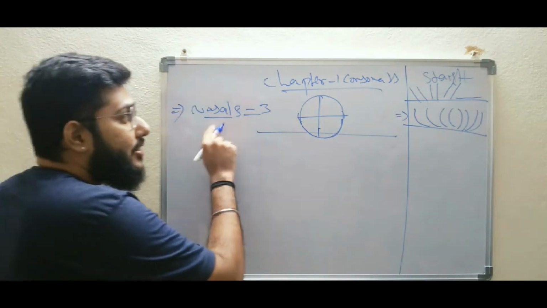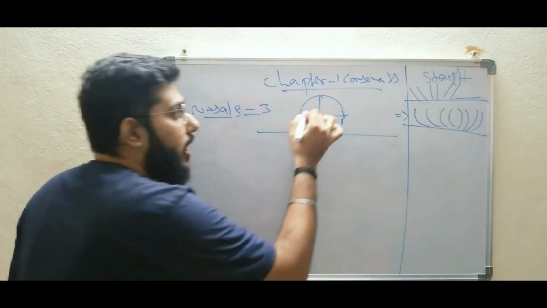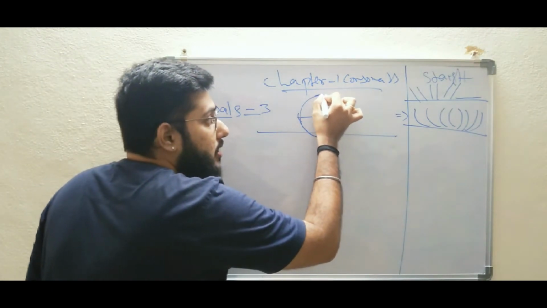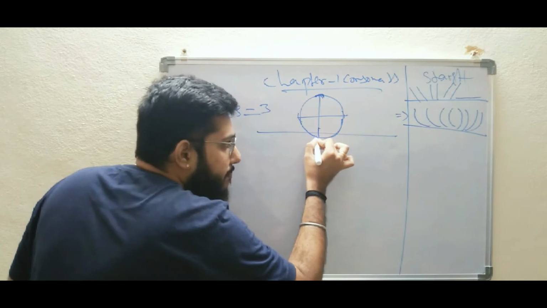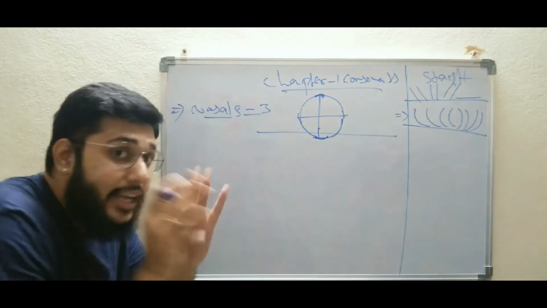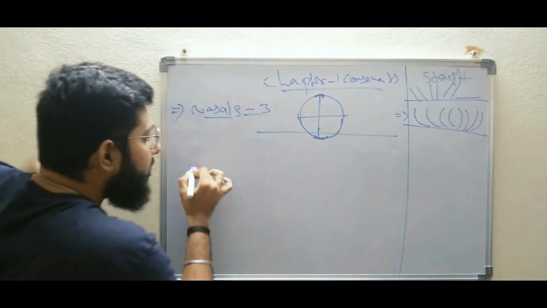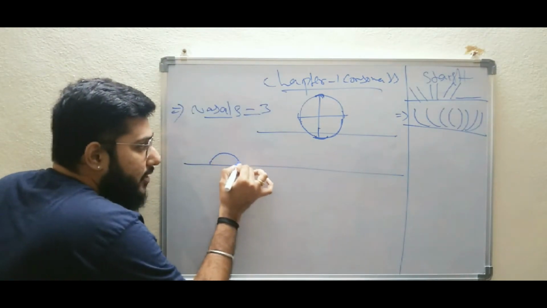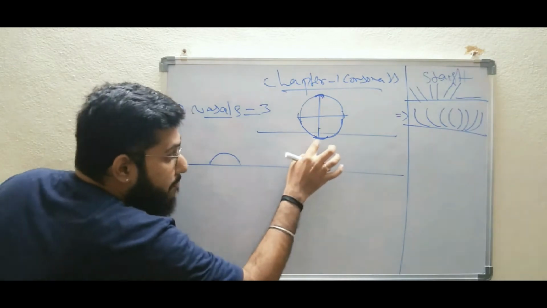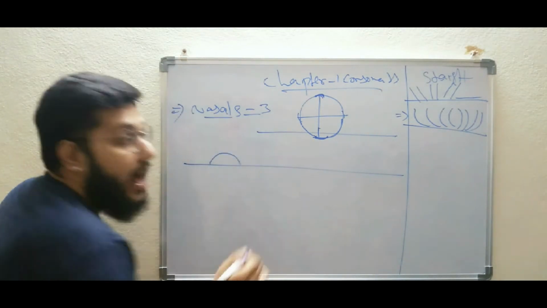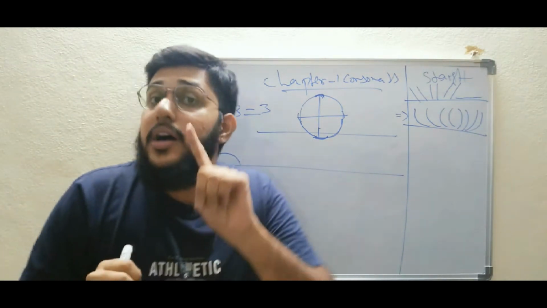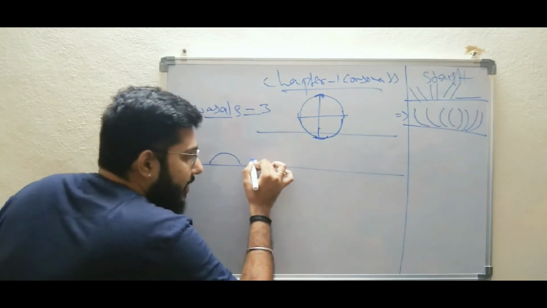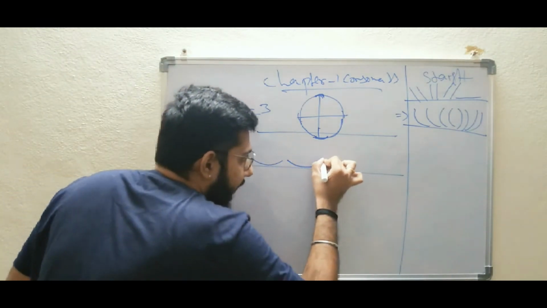Now these 3 nasal strokes are formed from the curve above the circle and below the circle. Let me write and show you: this is the curve above the circle and this is the curve below the circle, and it is divided into light and dark.